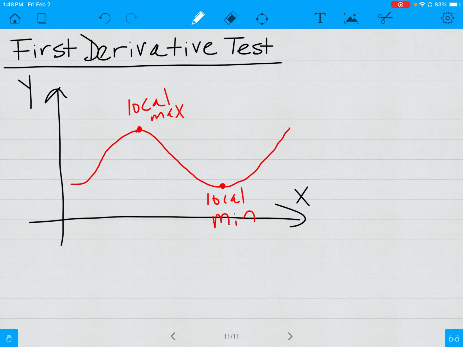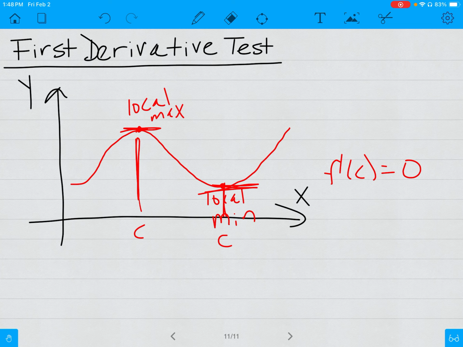Well, here's the interesting thing. First of all, we know that our maximum and minimum values are going to be, in this case, at critical values, because at a max or at a min, our derivative is equal to 0, right? Then we start looking at other interesting things about the derivatives on either side.